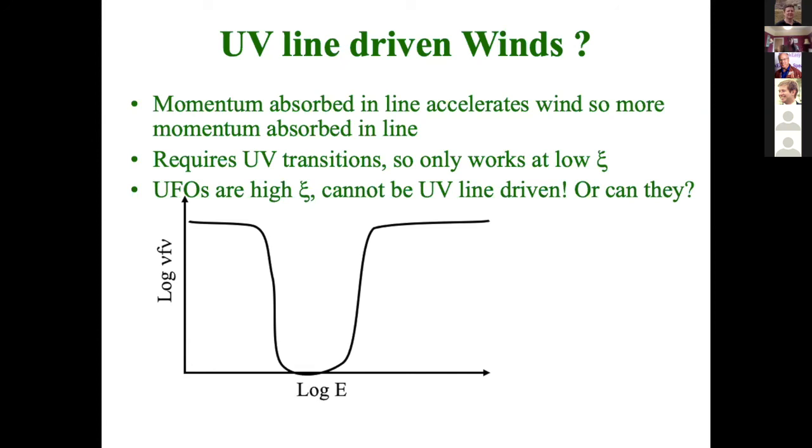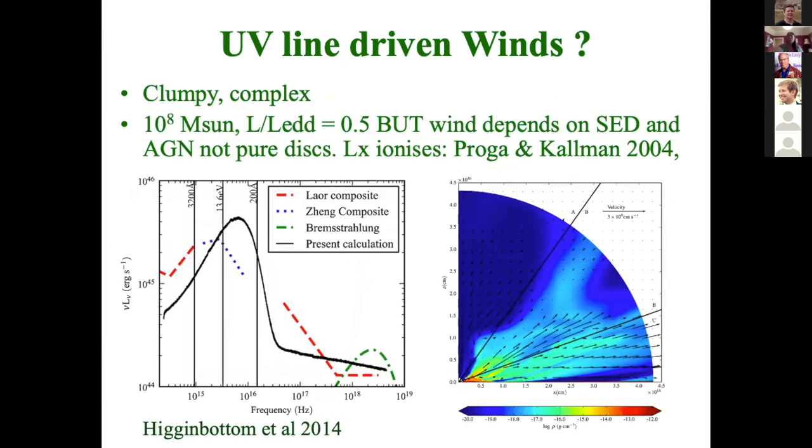So that's low ionization, so this can't possibly work. But remember, we're not in a spherical situation, we're in a disk. We can have our low ionization material low down, close to the disk, push it, accelerate it, get it going really fast, then ionize it, and it's ionized in our line of sight, but going very fast.